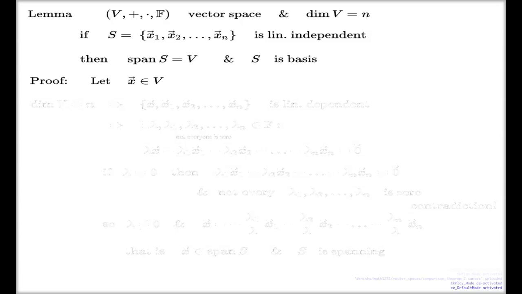Now listen to what I'm going to say. Because I know that the dimension of my vector space is n, I claim that if I take a system of vectors like this, but I add my extra new vector, this vector x, into my system, so if I take a system of n plus 1 vectors, x and then the rest of the vectors, then this system will be linearly dependent.